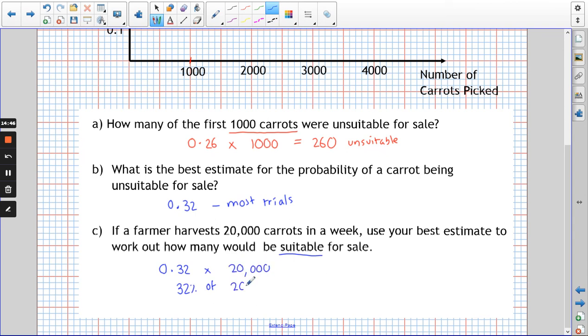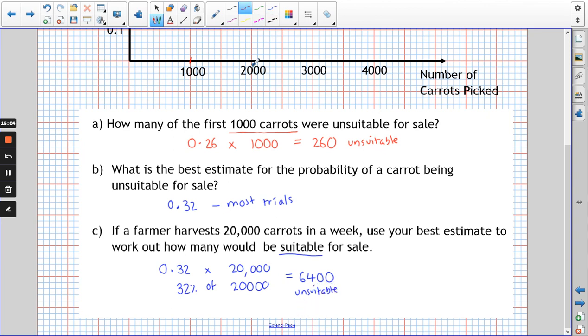So using our data from this sample, in a week, how many would be thrown away first of all? So this is unsuitable, and that's going to come out as 6,400. Remember, this is the ones which are unsuitable. That's what the graph is telling us.